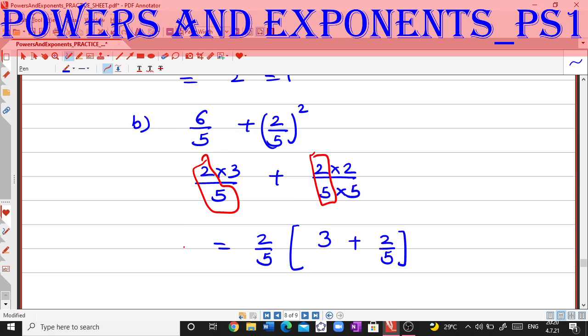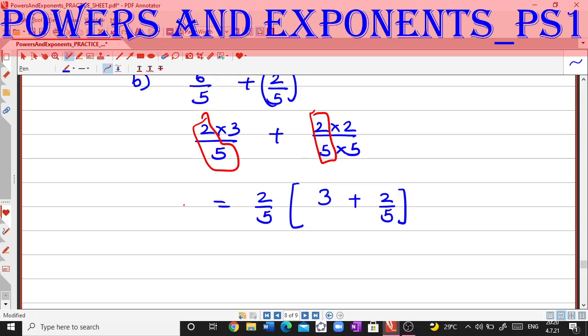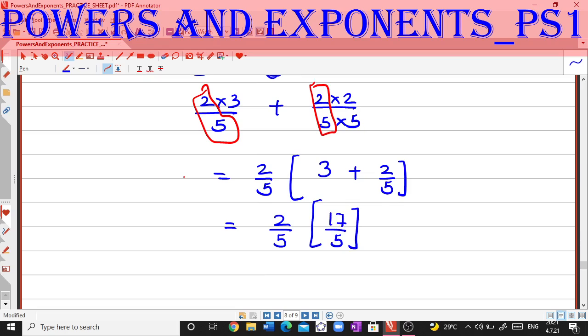So here involving the addition of a fraction and a whole number, we can do the cross multiplication. 3 5s are 15, 15 plus 2 is 17. So this is 17 upon 5.